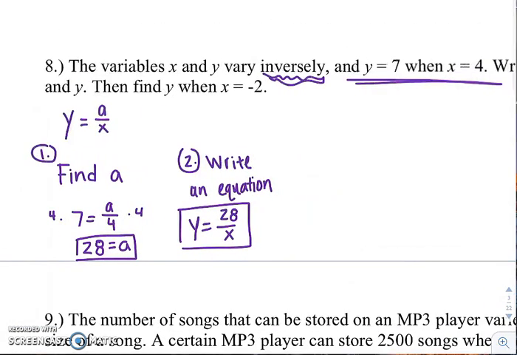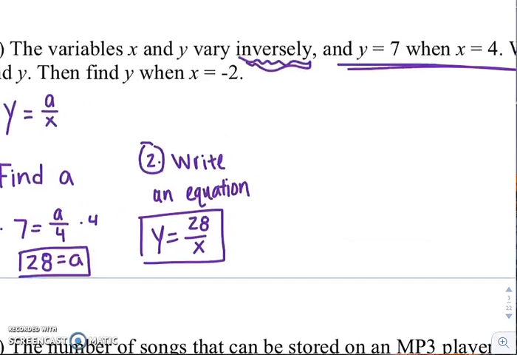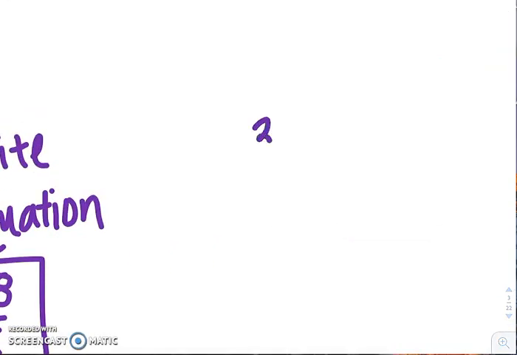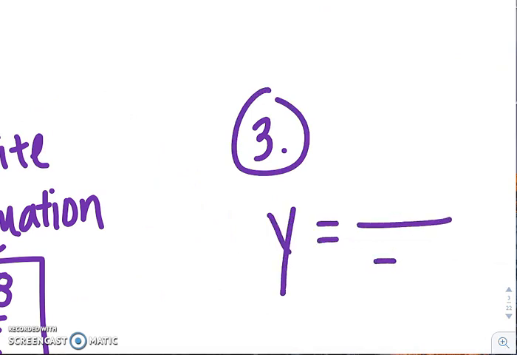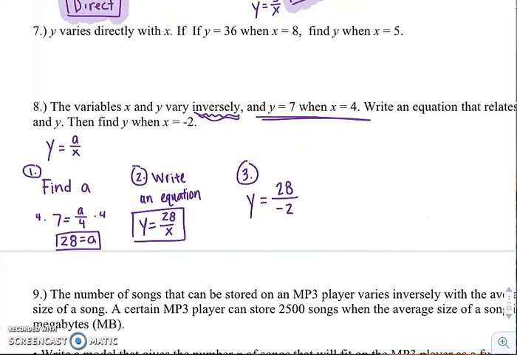And then it says, okay, now that we have our constant of variation, find y when x equals negative 2. We know that a is 28. So what is 28 divided by negative 2? Y is negative 14.